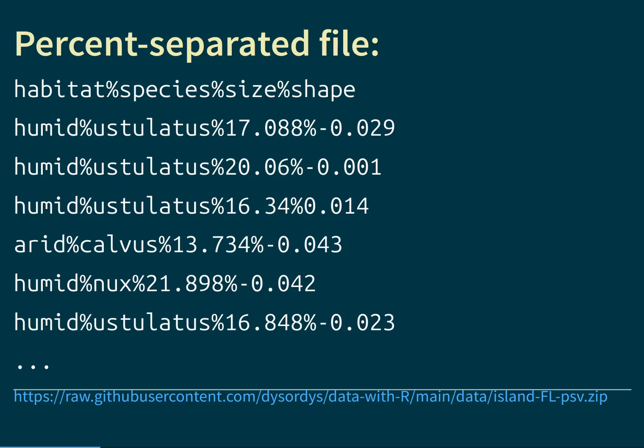In fact, any character can be used as the separator. The one thing to pay attention to is not to use a character that you might use for other purposes. For example, in this particular file, if you would choose the period, the dot, to be the separator instead of the % symbol or the comma or the tab, that would not work well because we already use the period to denote the decimal point.